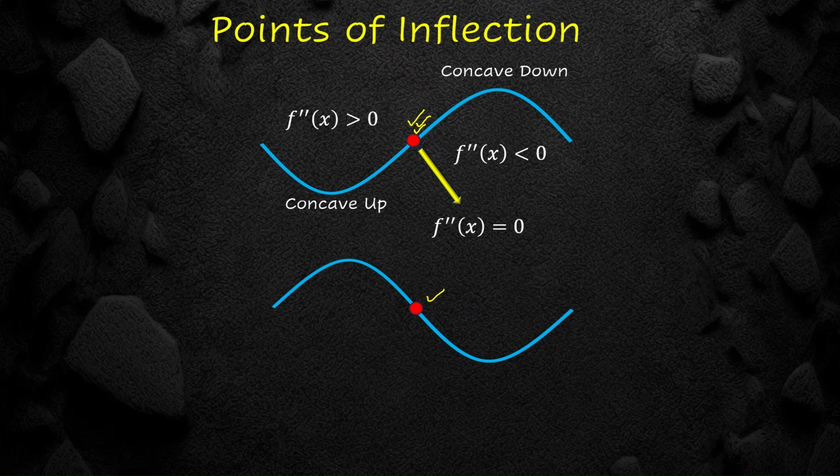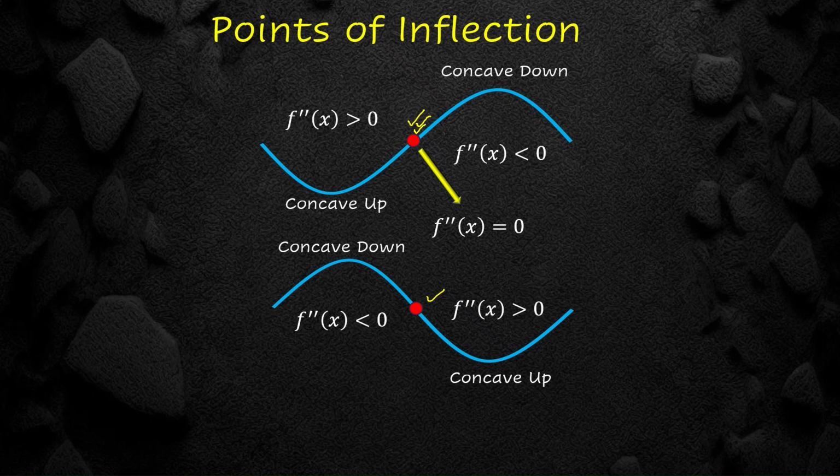Likewise, on the second curve, before this point, the curve is concave down. Therefore, the second derivative must be negative. And after this point, the curve is concave up, so the second derivative must be positive.